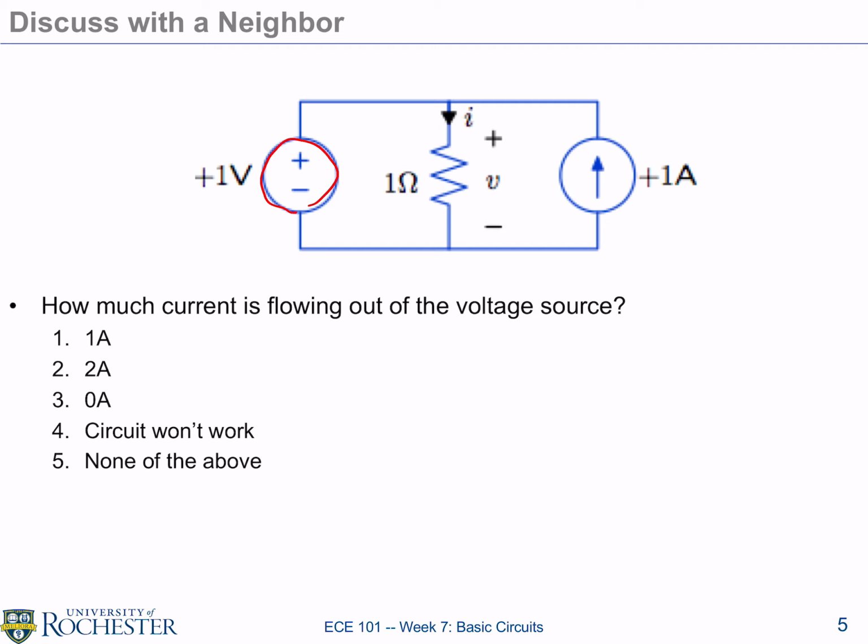If I'm sending out 1 amp of current, what that really means, in terms of charge, is I'm supplying 1 coulomb of charge per second. Now what do you think that charge is? It's a collection of charge-carrying particles.